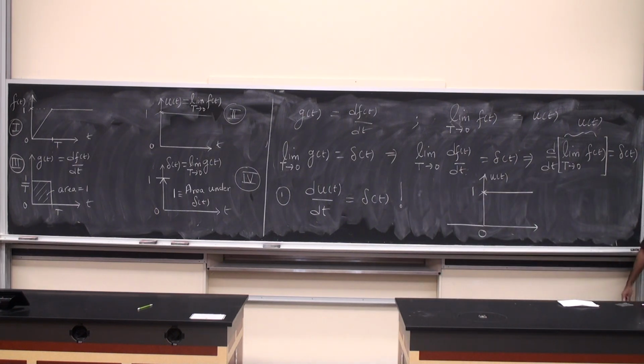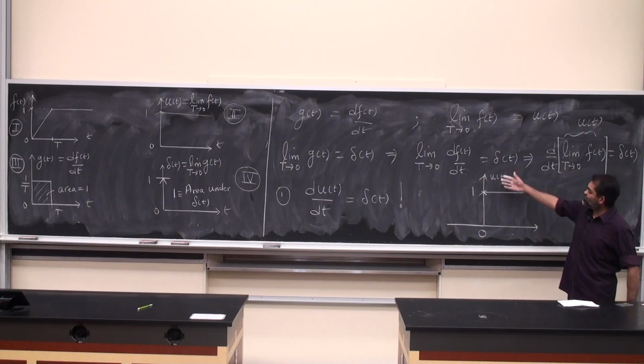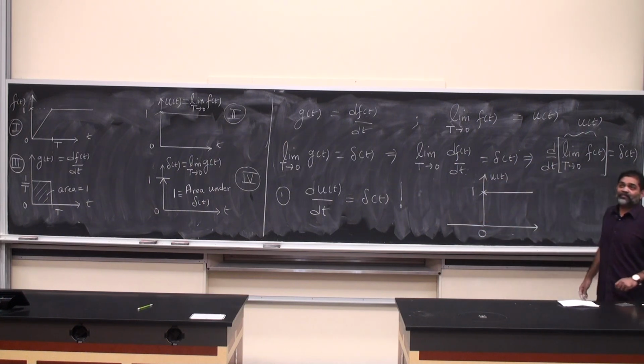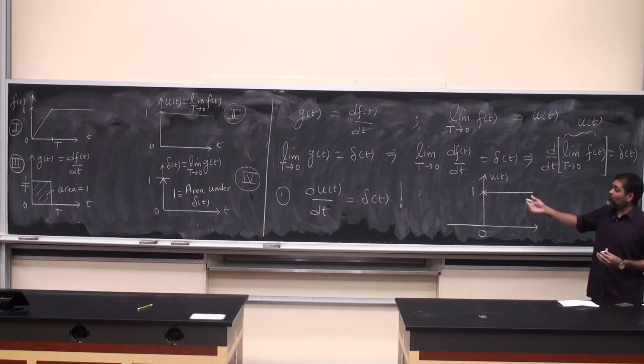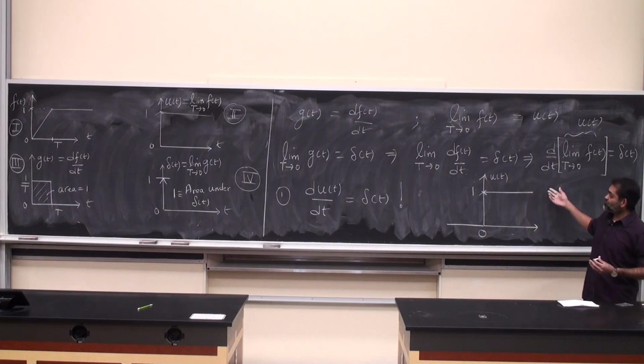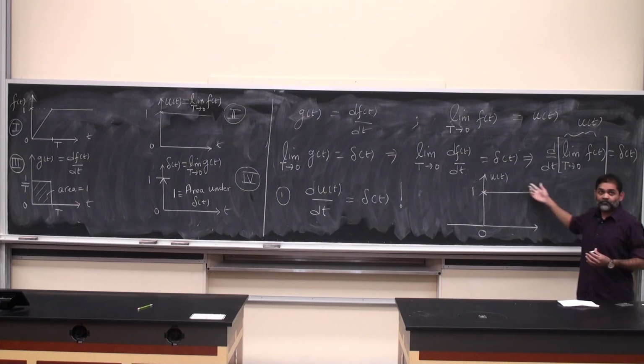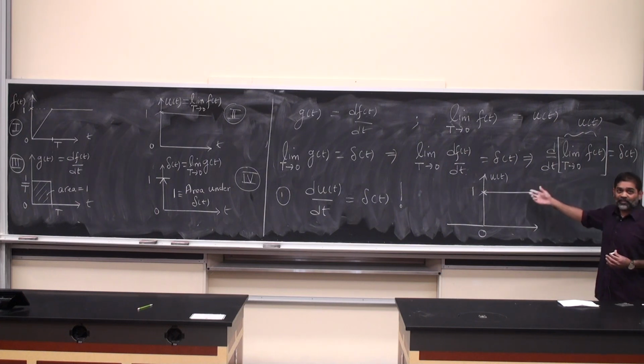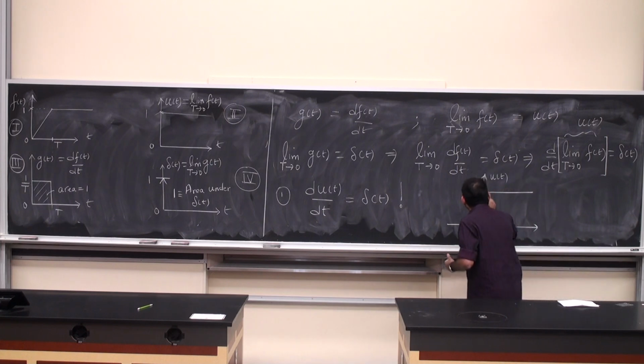It makes complete physical sense because what is the value of u of t? As time is less than 0, it is 0. So its derivative is 0. What is the value of u of t after time is equal to or greater than 0? The derivative is 0 because the value is 1. What is the slope of the function u of t at t is equal to 0?